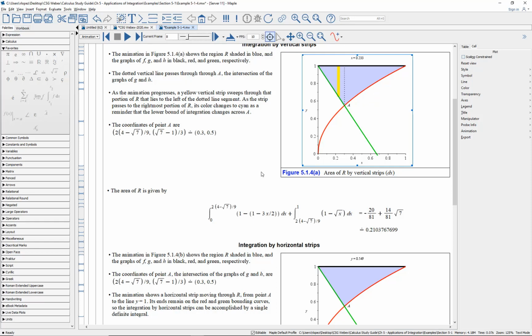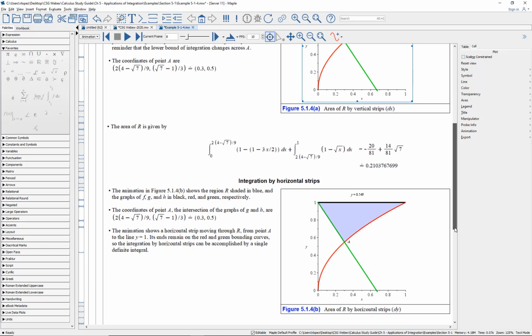Right, so x equals 0 to x equals the x coordinate of A in the first integral, and then x equals that x coordinate of A over here to 1 in the second integral.